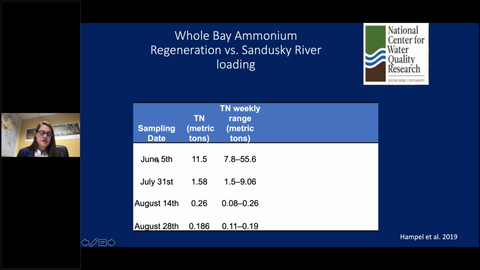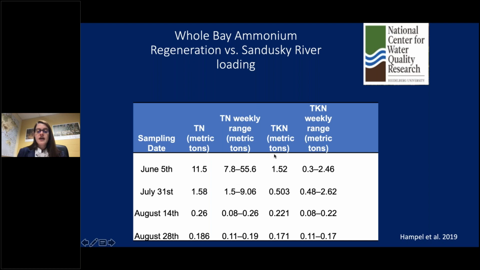So she went 4 times here in June, July, and twice in August. And she looked at how much TN was coming in that particular day, and then she looks at the range, the weekly range here of metric tons. So you can see that that actually is pretty extremely different even within a week in June here.